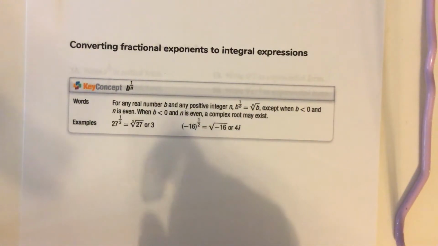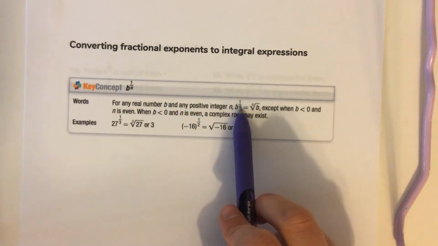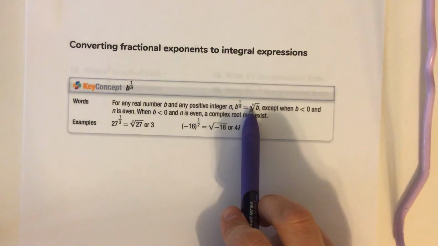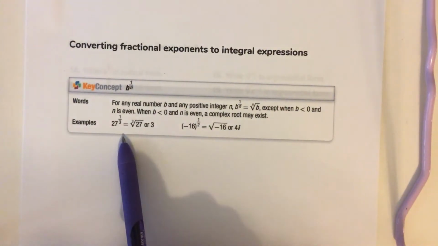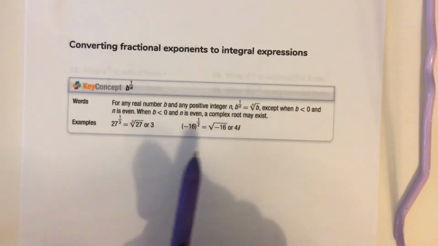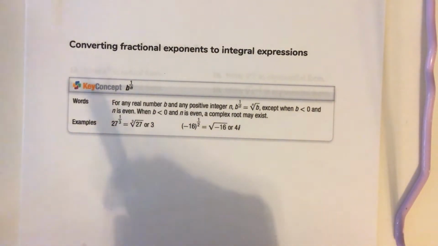So basically, the denominator of our fraction goes to the outside of our root. If that n is a 2, it's going to be a square root. If it's a 3, it's going to be a cube root, and so on and so forth. We can see that in our examples right here. And it works with complex numbers as well.